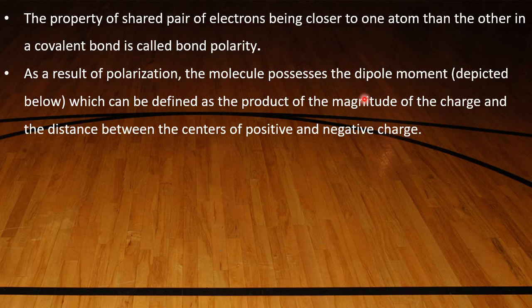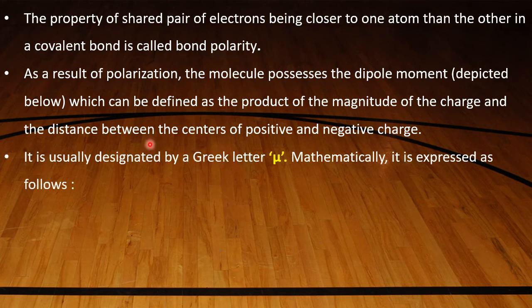It is the product of charge and the distance between the positive and the negative end. If you calculate using physics knowledge, there is a device known as a polarimeter. Using it, you note down the charge on the two atoms and the distance between them. If you multiply these two, that is the dipole moment of that molecule, which you are going to learn in the higher class.